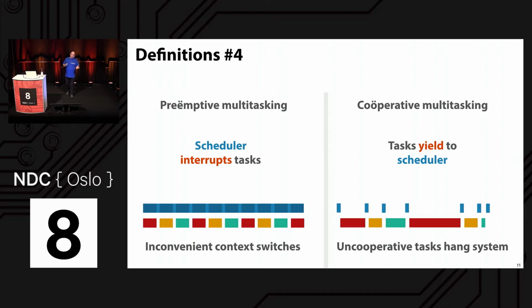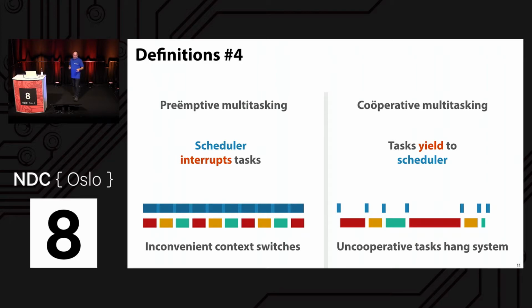And then we can think about preemptive multitasking versus cooperative multitasking. So preemptive multitasking is where the scheduler interrupts the tasks that we're running concurrently, and the tasks have no say in when they are interrupted, which of course means your tasks are interrupted at the most inconvenient moment, which means that we have to protect any shared mutable state with locks, because of inconvenient context switches.